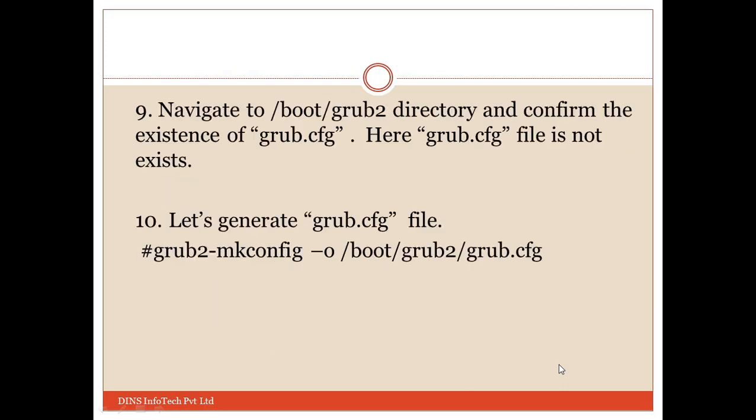Then we'll check whether grub.cfg is created in /boot/grub2. If it is not created, we need to run the command grub2-mkconfig -o /boot/grub2/grub.cfg. This will create a grub.cfg file under /boot/grub2, and you need to reboot the system. Okay, you will get the operating system choice menu and we are able to log into the system.